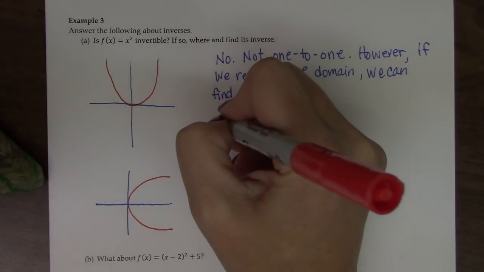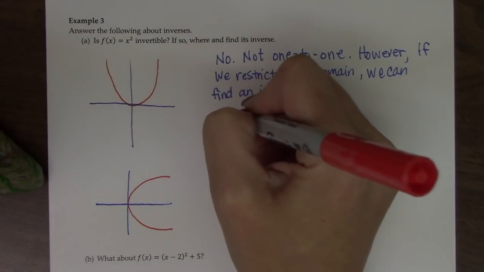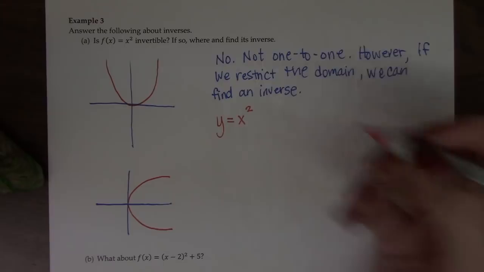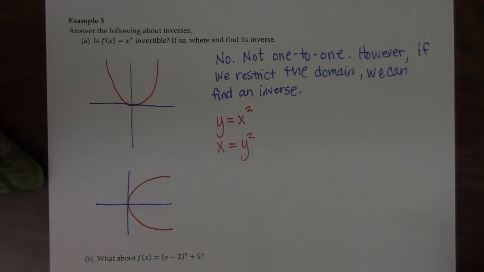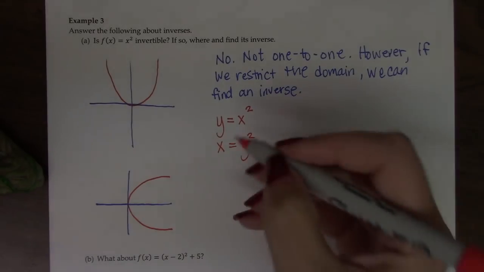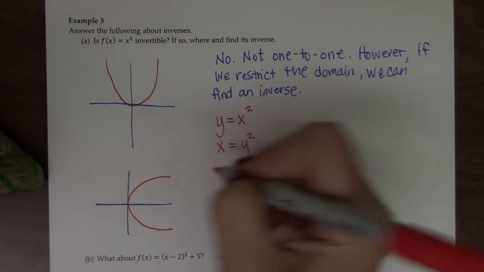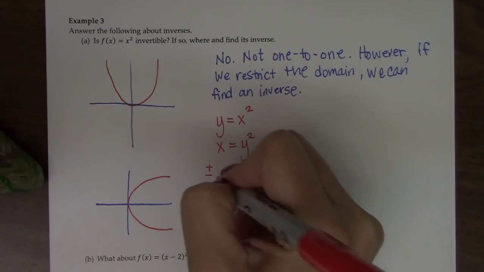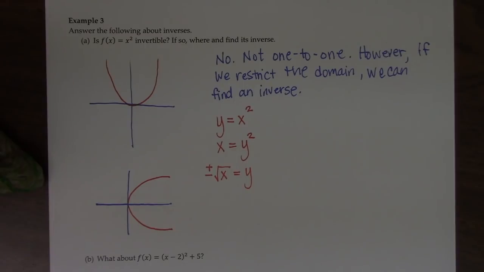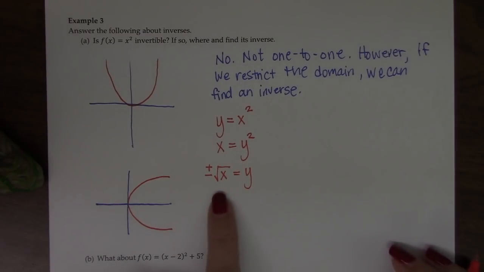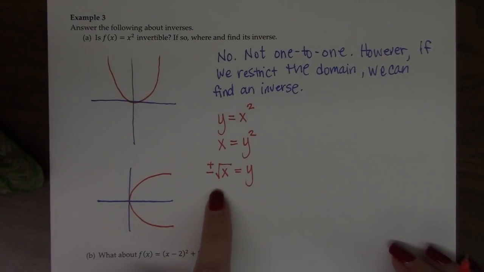The first thing we would do is start with y equals x squared. Then we would switch x and y and try to solve this for y. When you solve this for y and take the square root of both sides, you would actually get plus or minus the square root of x. That's your first tell algebraically that you have a problem, because you didn't return one equation, you returned two equations.